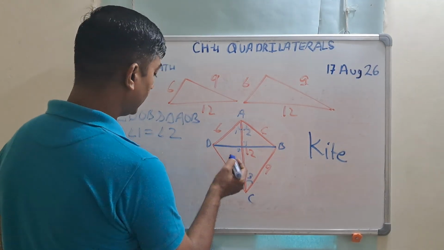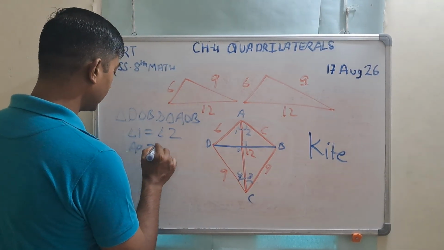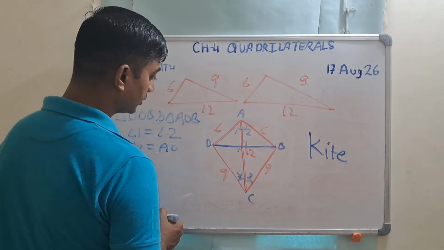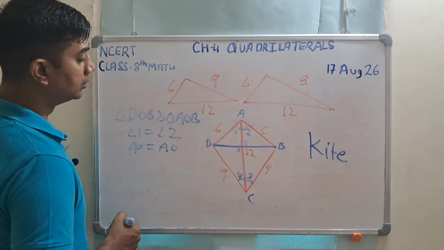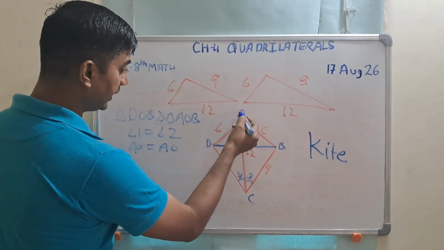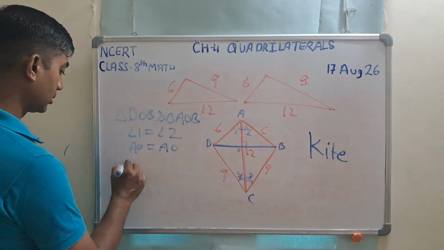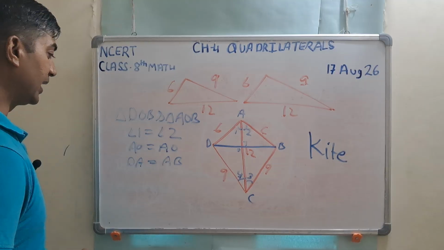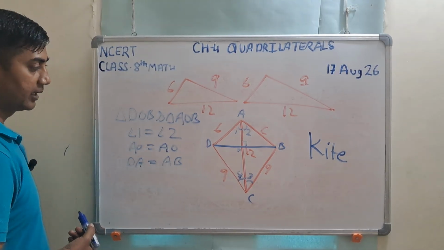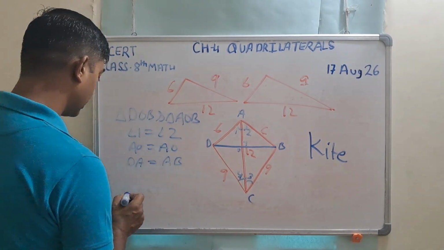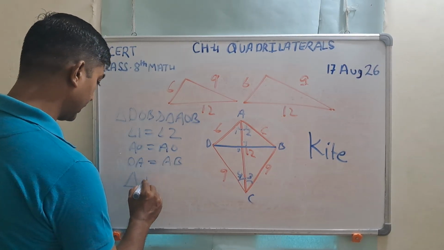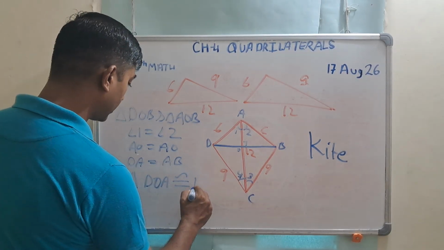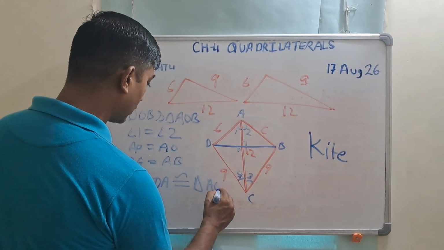AO is common, AO is equal to AO, and DA is equal to AB. So we proved that by SAS criterion both triangles are congruent, means triangle DOA is congruent to triangle AOB.